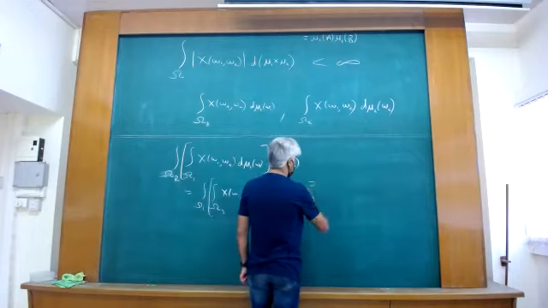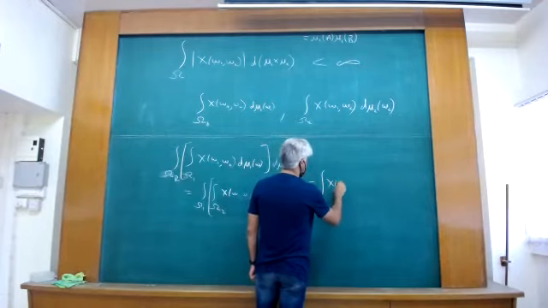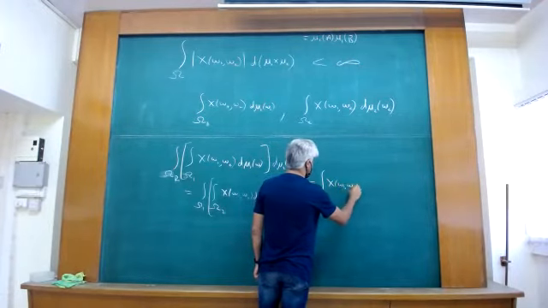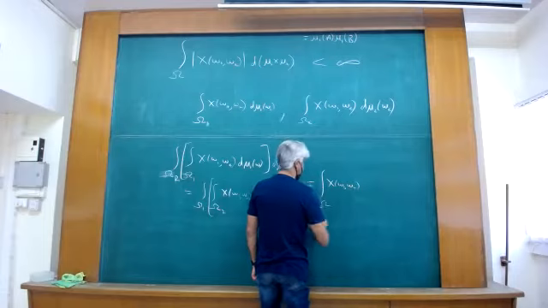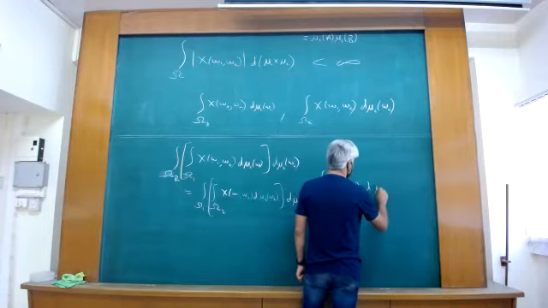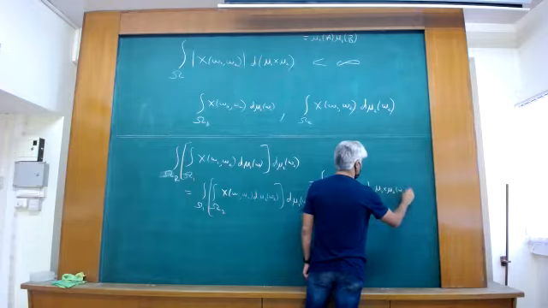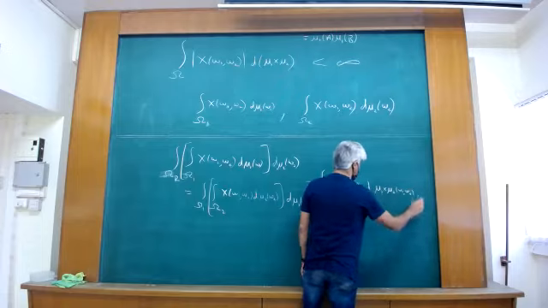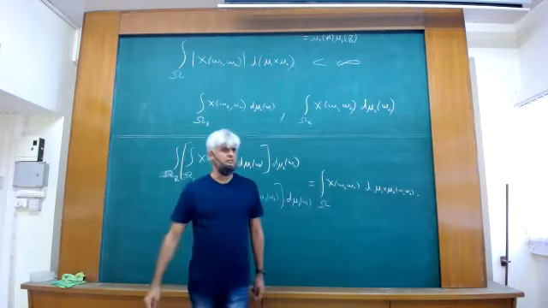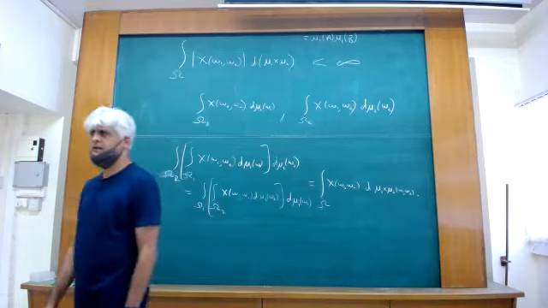And these two iterated integrals are equal to what we had earlier, the integral of X with respect to the product measure mu1 cross mu2. Okay, so that's the theorem, right?